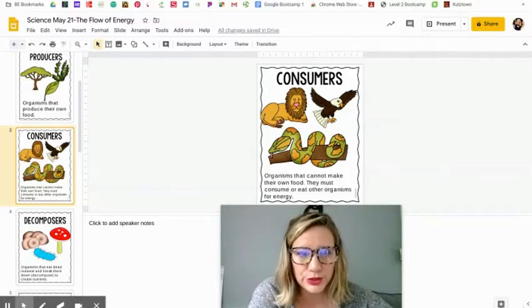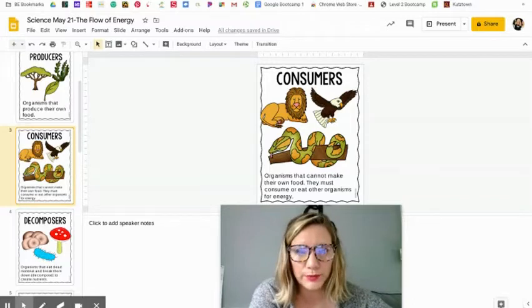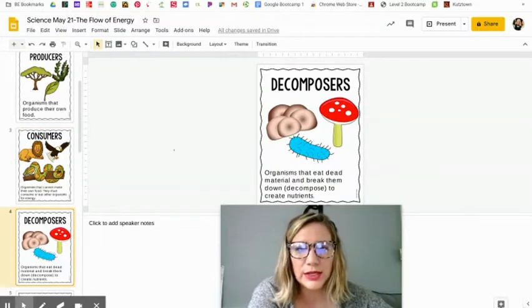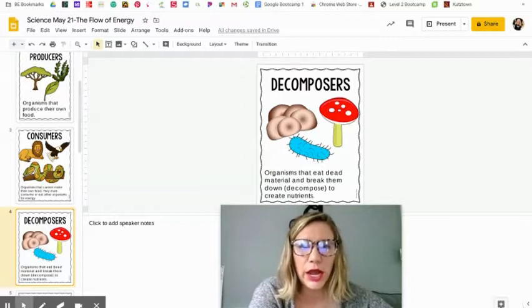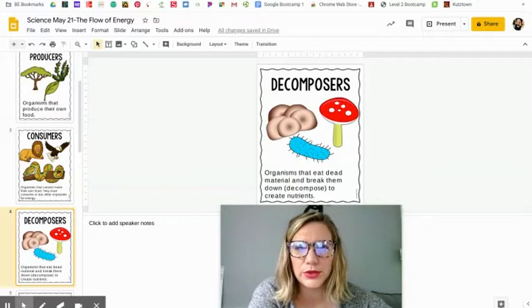They cannot produce their own food, so they have to consume their food. And then lastly, you have decomposers. These are organisms that eat dead material and break them down. They decompose to create nutrients. Fungi is a lot of the times what we consider to be decomposers. There's also bacteria and other different organisms that do this as well.